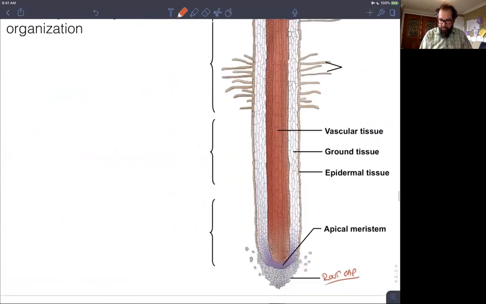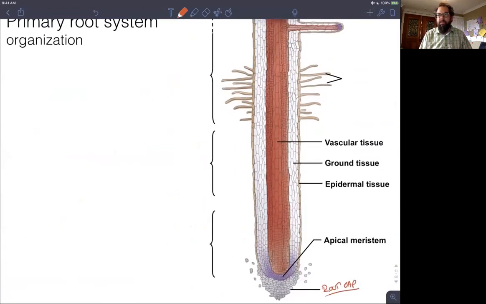And the root cap has a couple of very specific functions associated with that. The root cap is providing both protection. So as the root is physically pushing through the soil, we actually need to protect the apical meristem from getting damaged as this is pushing through the soil. The other function that goes along with this is the lubrication.